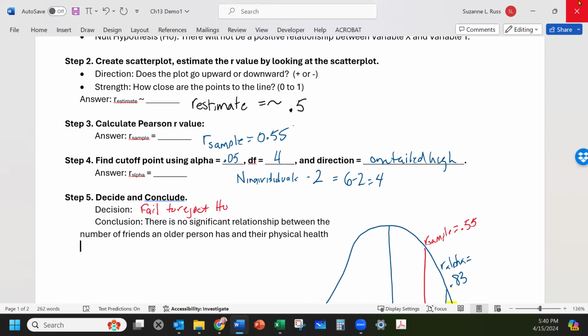And then we have to put our statistic. We did an R test with 4 degrees of freedom. Whoops, that should say a 4 in the middle there. R(4) equals 0.55, NS. And that's the end of the problem.